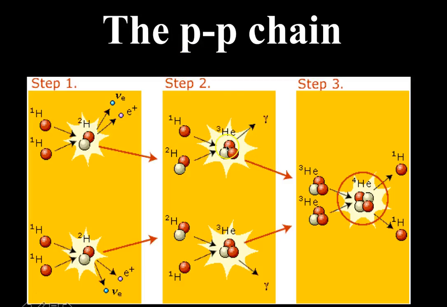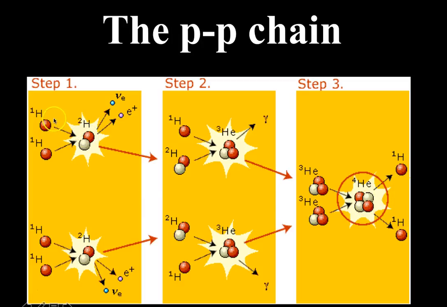Okay, this helium-3 combines with a helium-3 from this chain down below that's occurring at the same frequency as these guys are. They combine together to create helium-4, and part of the process of the two helium-3s coming together is not only do we create the helium-4, but two protons pop out.